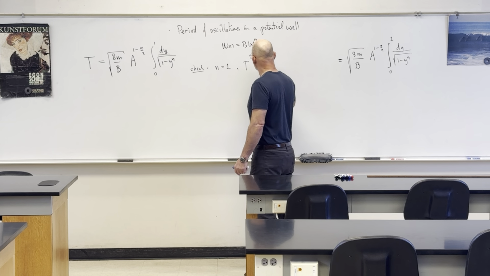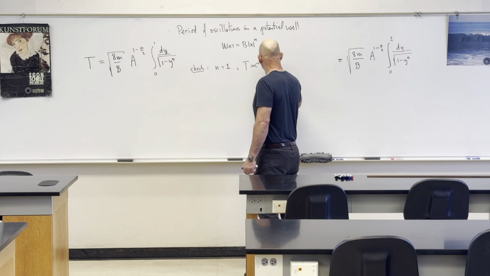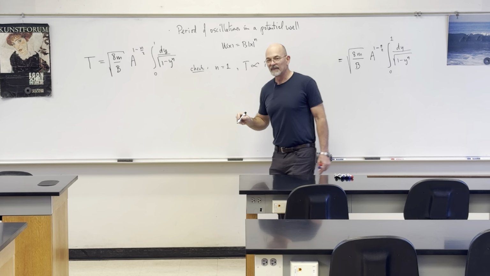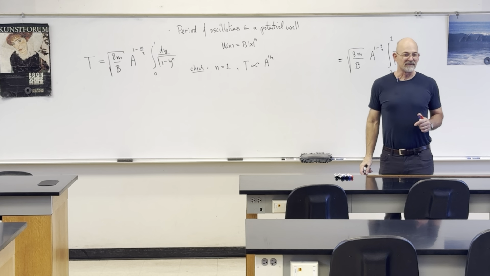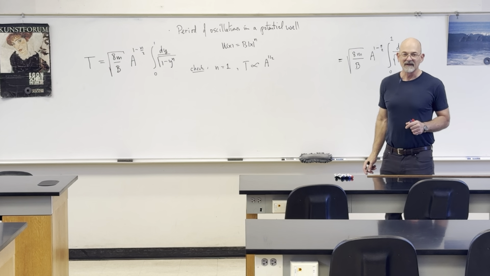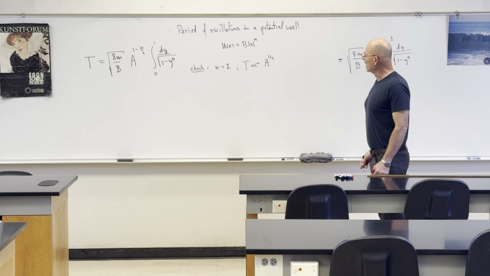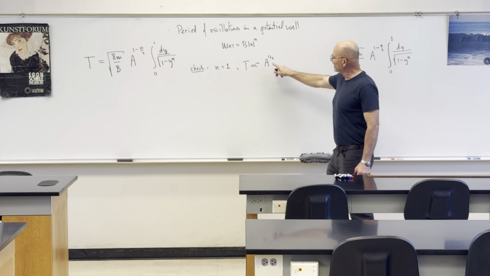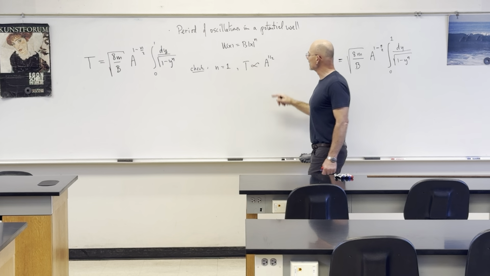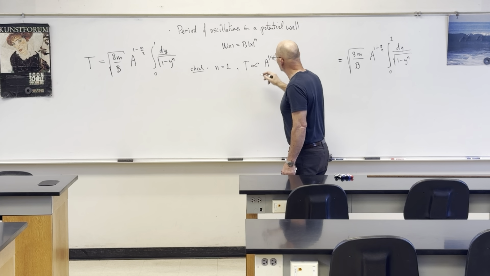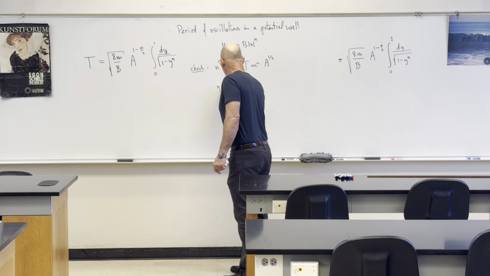T is proportional to amplitude to the 1/2 power. That's essentially the same as your law of free fall. Law of free fall, height and distance, square both sides, distance times a square law, right? That's essentially like free fall.